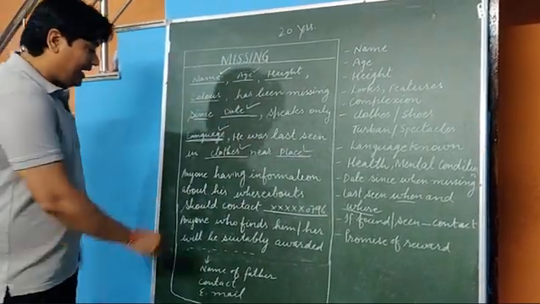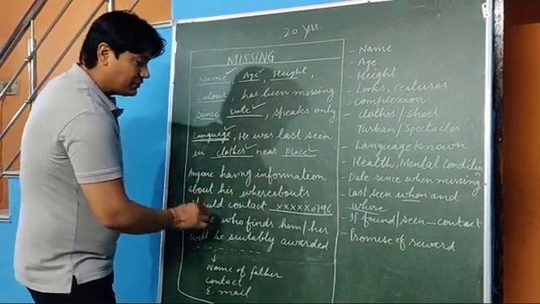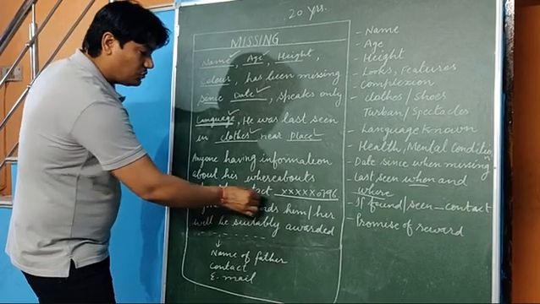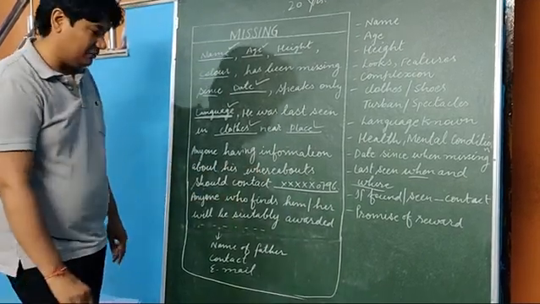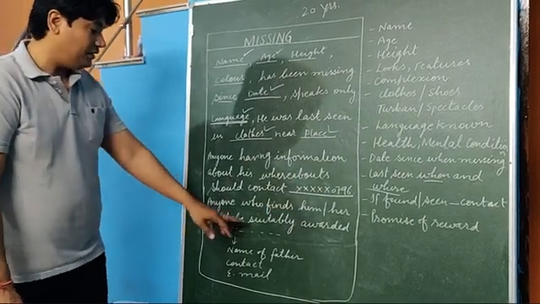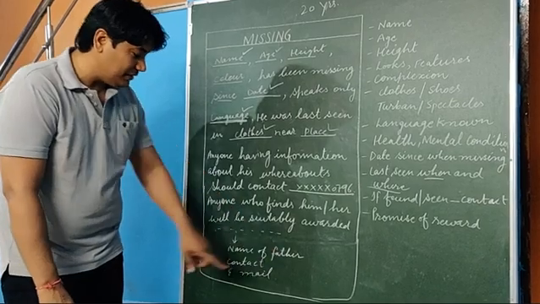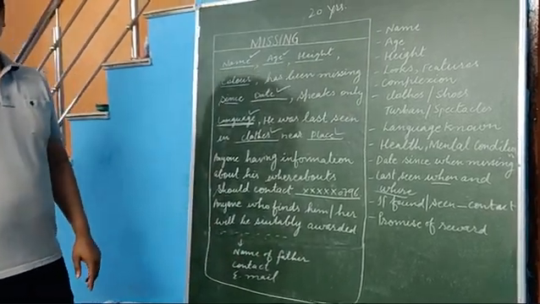Anyone having information about his whereabouts should contact, and mention the contact number. And anyone who finds him or her will be suitably rewarded. Then mention the name of the father, contact number or email ID.